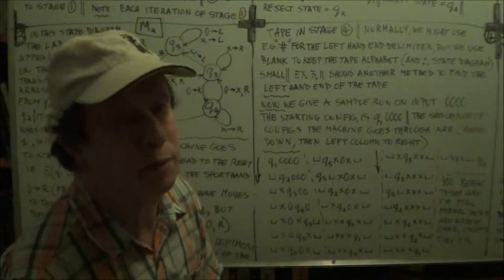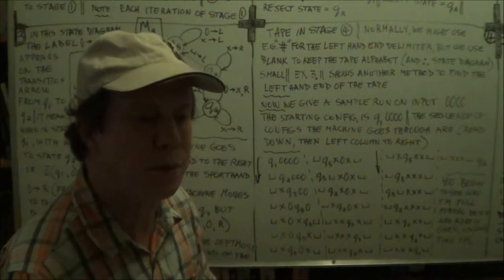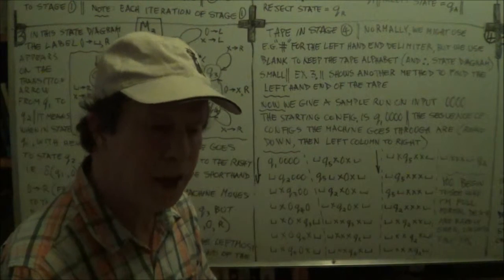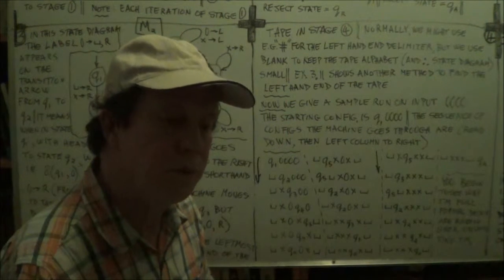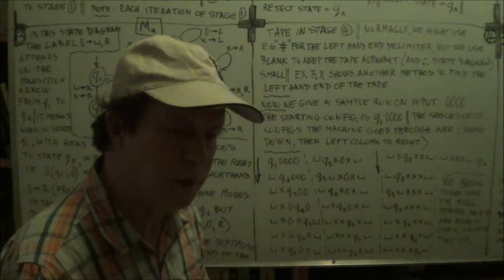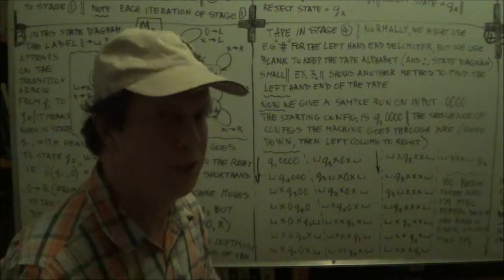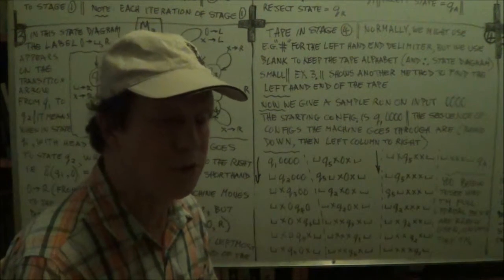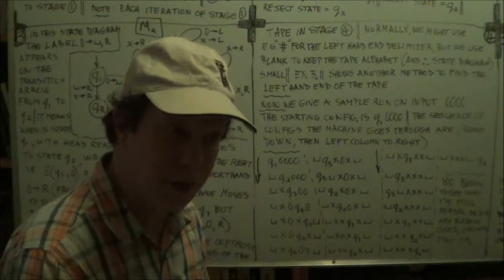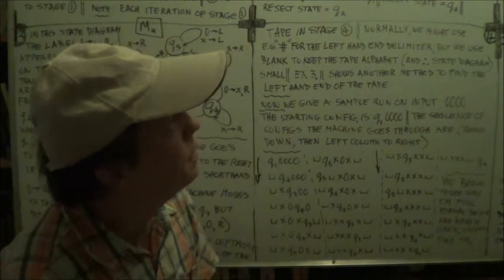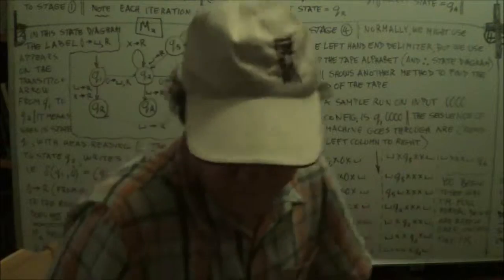But the problem is, remember, for machine M1, the language was W hash W. So your task is to see if the string W on the left-hand side of the hash is the same as the string on the right-hand side of the hash. That was the task. So we'll do that next session.